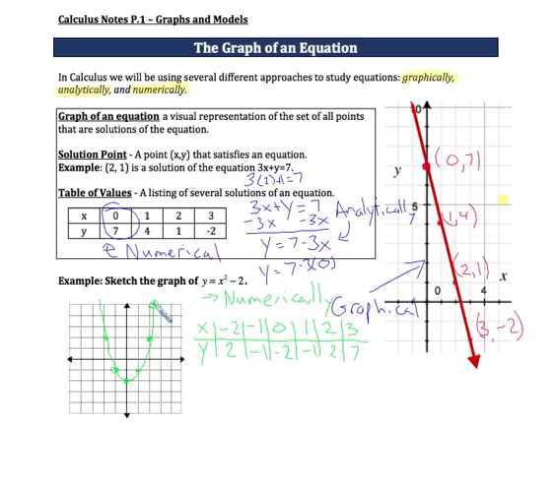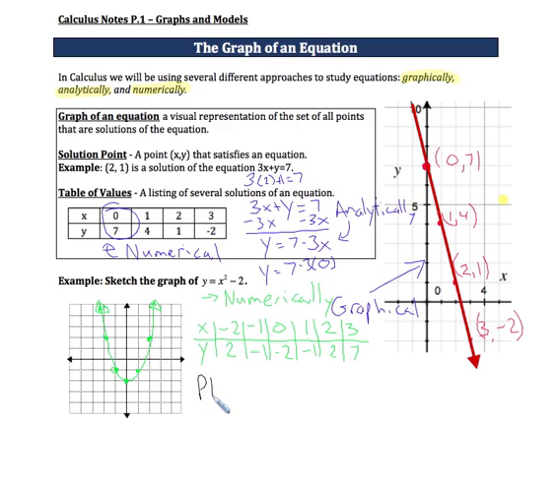You might have a little more success on paper there. I'll draw our arrows to show that it continues. Now, when we look at this type of numerical approach and then it feeds into a graphical approach, we can run into some problems.